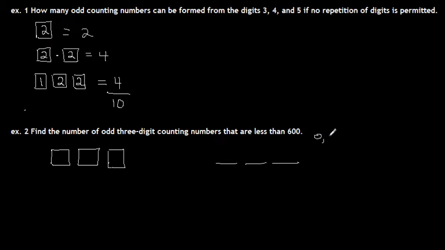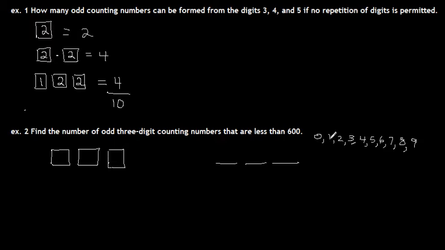I didn't think 0 was a counting number. 0, 1, 2, 3, 4, 5, 6, 7, 8, 9. Those are all the counting numbers. So 3-digit odd counting numbers that are less than 600. First thing is we need to figure out, if it's going to be an odd number, the last digit has to be odd.